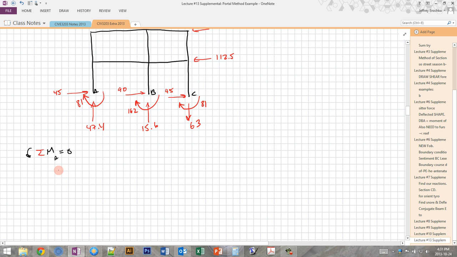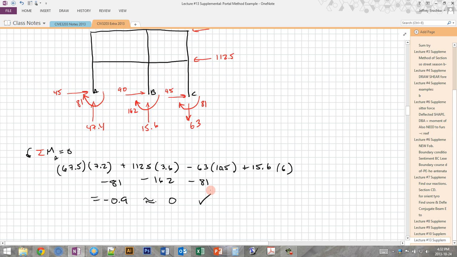Then if I do that sum of moments, you see we get moments due to the external loads, moments due to the axial loads. This one is negative because it's clockwise, this one is positive because it's counterclockwise, and then each moment at the base of the columns are just added on here. So these are all clockwise moments, so they're negative, and you see we get negative 0.9, which is pretty close to 0. So then we check.